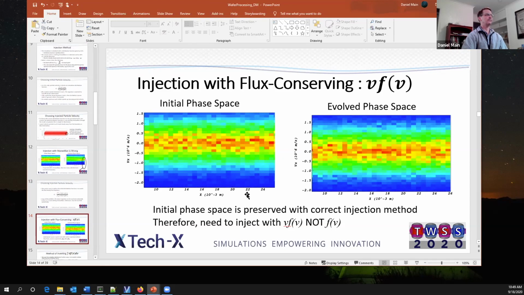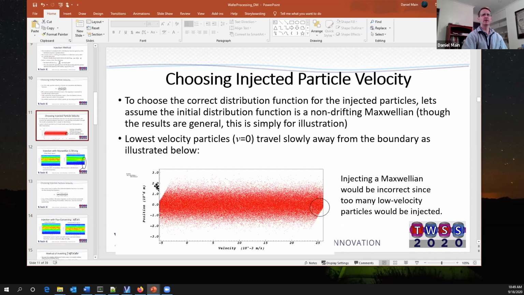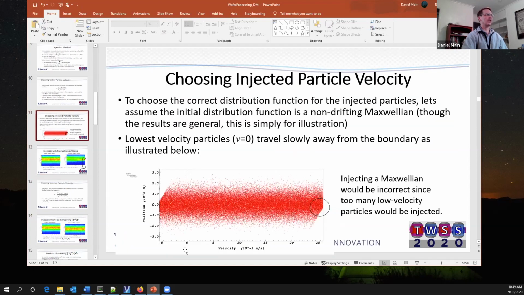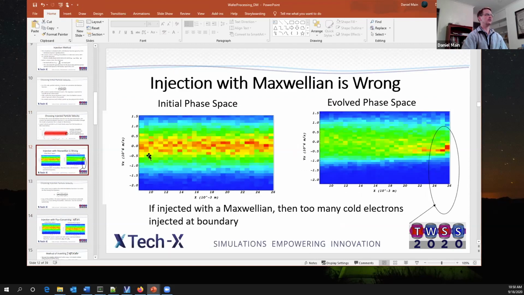Here's an example of phase space. I went over this slide, so I'm going over these very quickly. This is position versus velocity, a plot of phase space, and this color scale is also a plot of phase space. I just bin the data to get a histogram. This is Vx versus x.